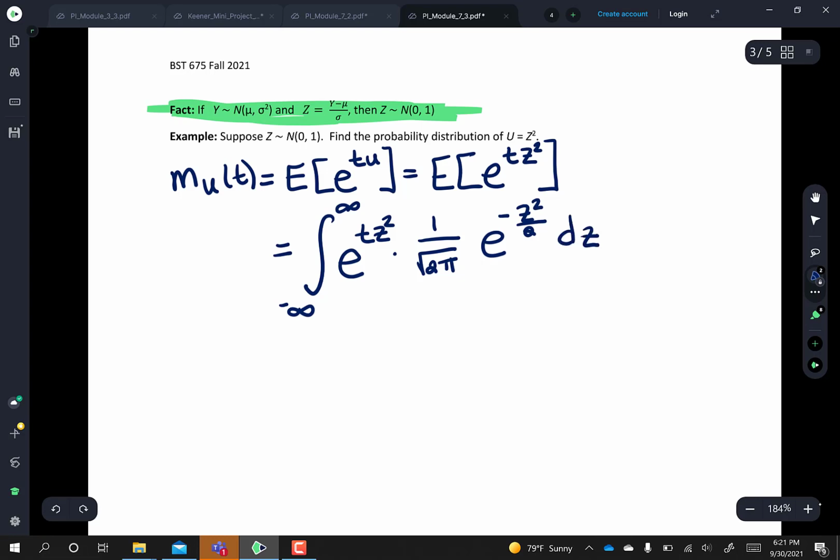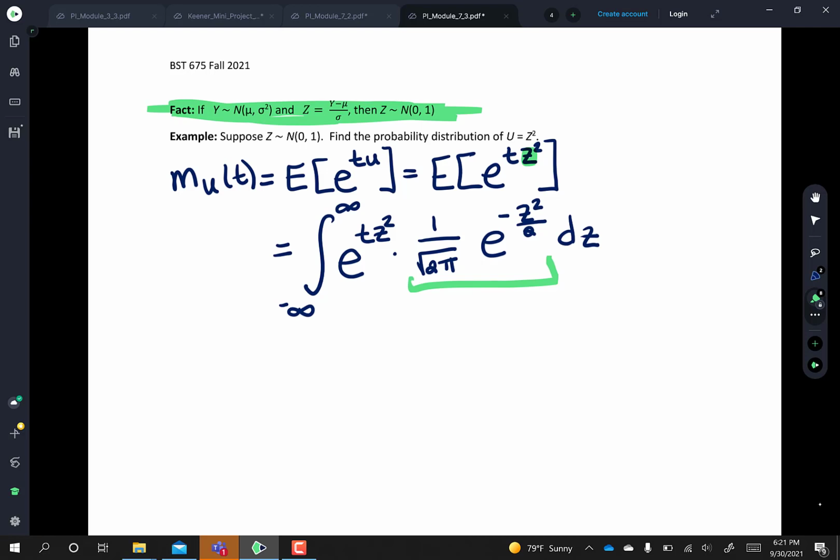And so you may be asking, where is this piece right here coming from? This is coming from the fact that we're looking for the expected value of a function of Z squared. Remember that Z is our random variable here. We've seen previously we can find the expected value of a function of a random variable if we take that function multiplied by the PDF of that random variable.